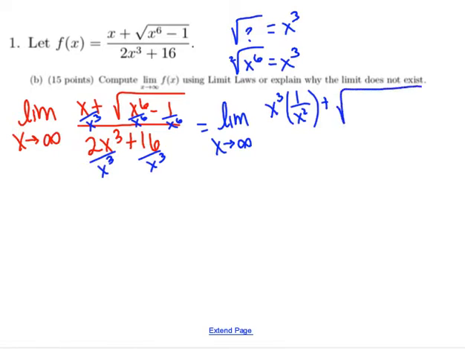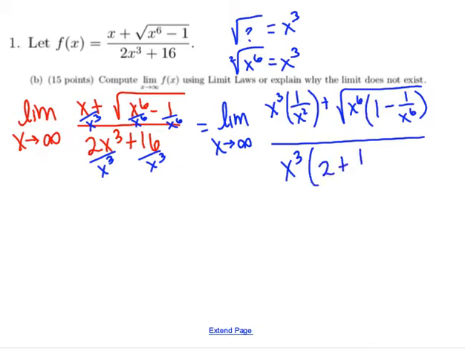Here I'm taking out an x to the 6, which is the same as x cubed, maybe 1, all over x cubed, 2, plus. All right, so the goal is to factor out an x cubed and then they'll cancel.